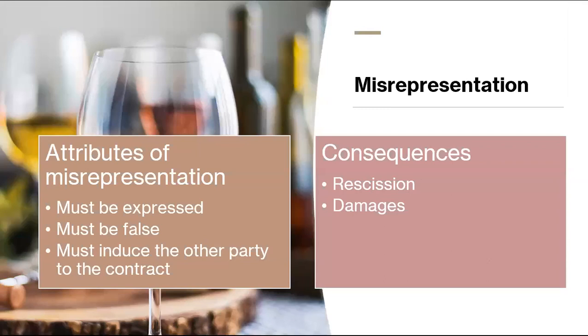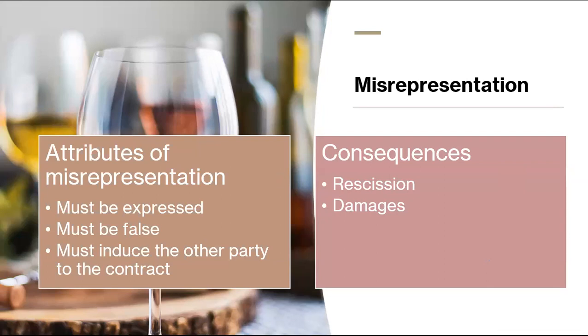Misrepresentation is an action or a statement that a party conducts, and it induces the other party into the contract. You can say that the misrepresenter, the one who makes the misrepresentation, is kind of fraudulent.